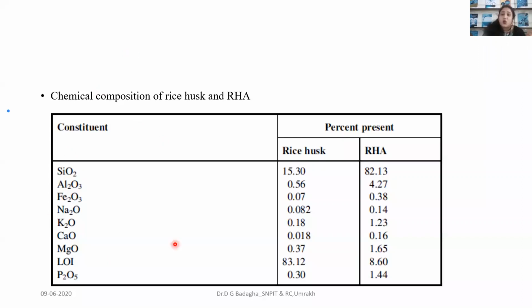So it is advisable to use it in concrete manufacturing. But again we have to see the quantity, how much portion. Guidelines are given, and based on those guidelines only we have to use RHA. Otherwise it will be dangerous for any type of concrete, considering workability or durability.